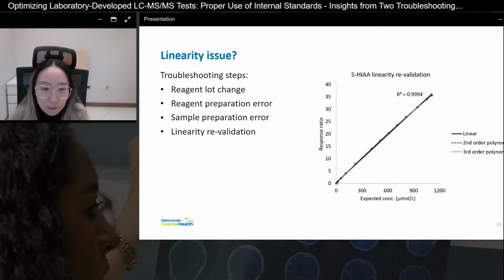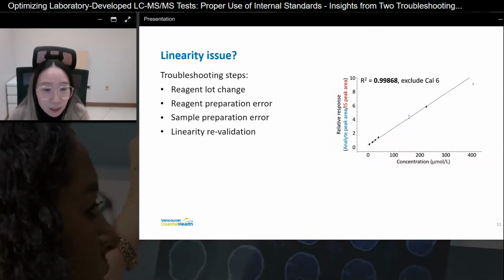But since then, we still notice in a few batches that high calibrator 5 or 6 deviates from linearity, and it just happens once in a while. And what we did temporarily was just to exclude calibrator 5 and 6 and retest any high samples by dilution.